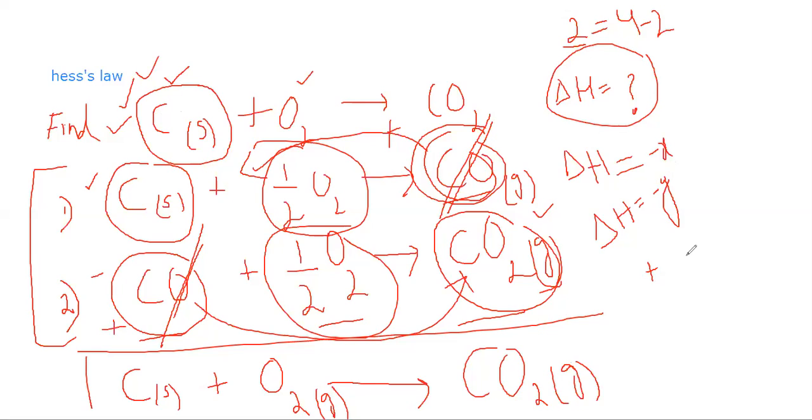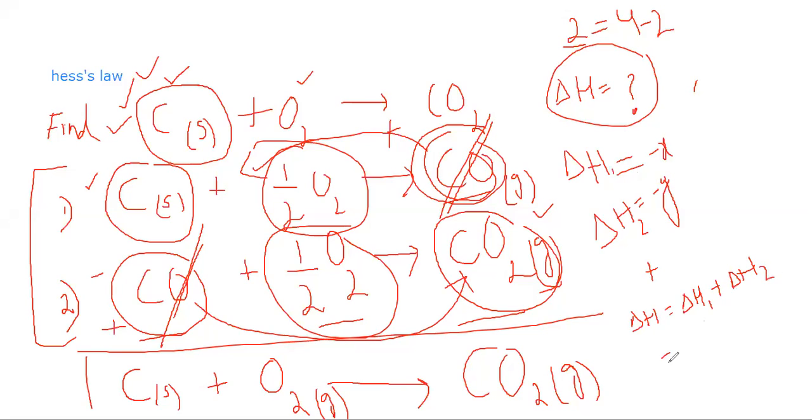If you are going to add these enthalpies, you can directly add here, or you can separately write it like this: delta H equals delta H1, consider this 1 and 2, plus delta H2.